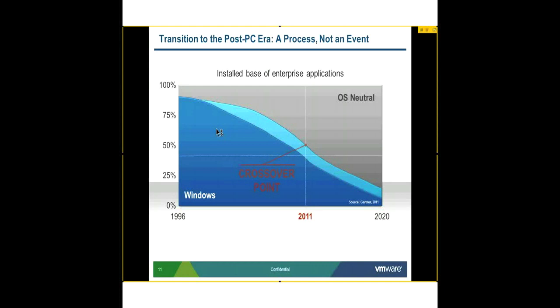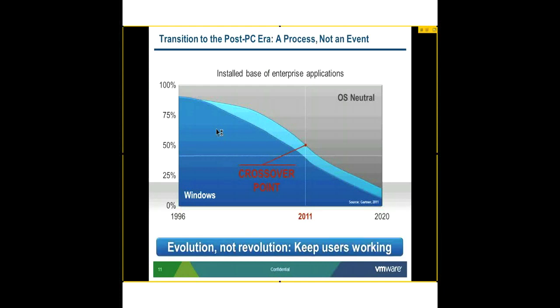So where are we now? I need to update my slide. But in 2011, interestingly, we crossed over the 50% mark. In 2011, only 50% of enterprise applications were running on Windows platform. The other 50% that were in use were OS neutral.